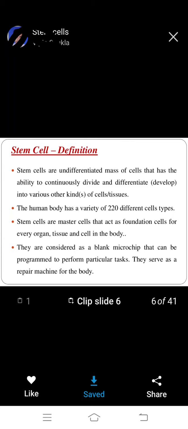Stem cells are undifferentiated cells. Stem cells are classified into many types. Okay, we go to the next slide.